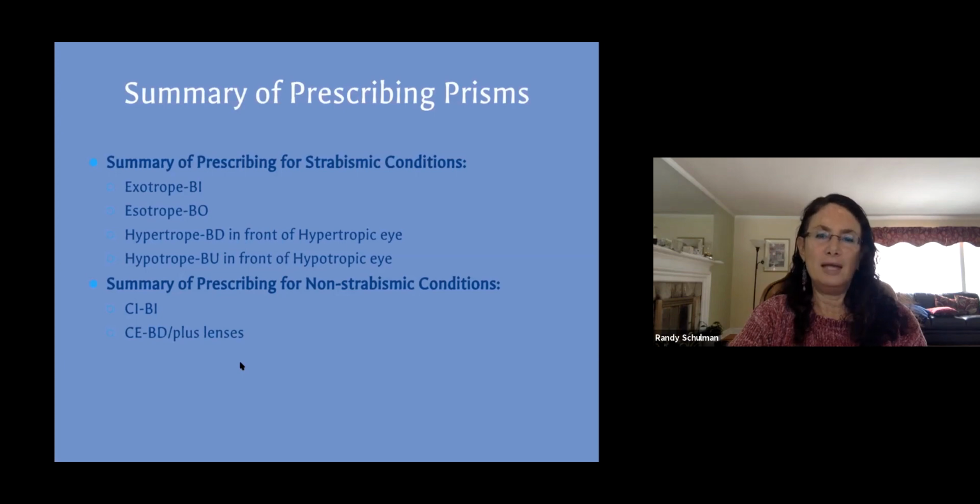Then for non-strabismic conditions, for CIs, I love base in, just a half, 1, 3/4. It actually can really make a big difference. You'll see an NPC go from 7 inches, 9 inches to 3 or 5 with 1 base in or half base in.